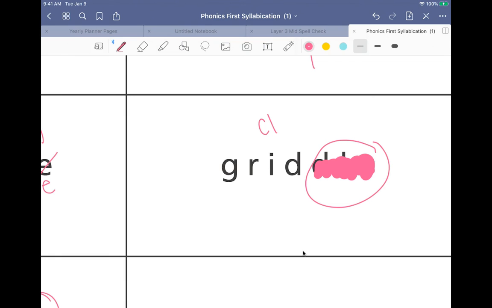This is closed because I have a consonant after my vowel, so my I says ih. So I have grid, ul, but uh-oh. Am I going to make that D sound two times? No, I do not make the first D sound. It is silent. So it says griddle, griddle, okay?